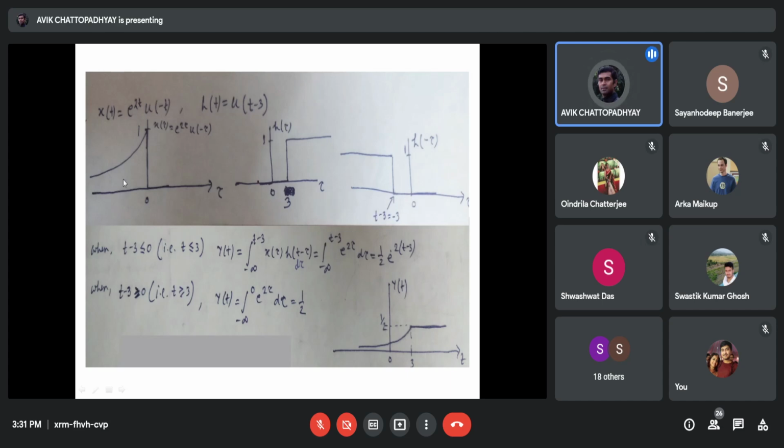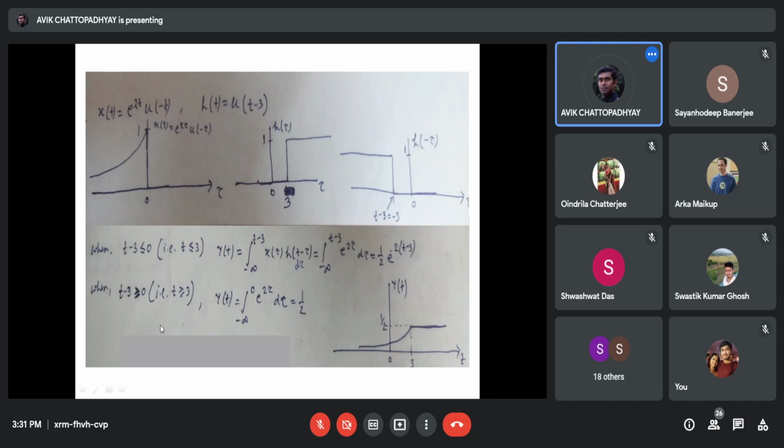Take any arbitrary position like this. That means we start from minus infinity and extend up to this t minus 3 point. So the limit is okay. Then you multiply these two and do the integration. It is very simple. It is half e to the power 2t minus 3.